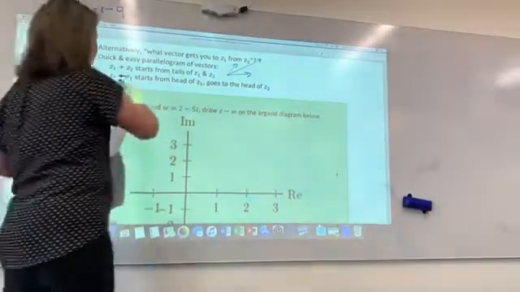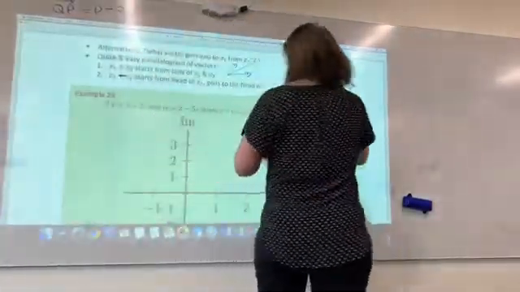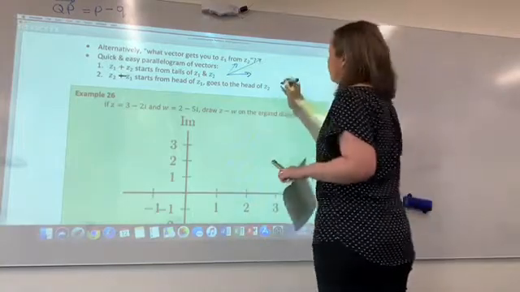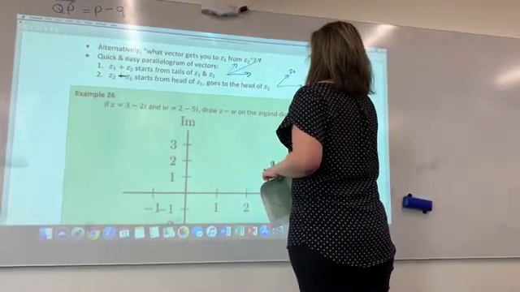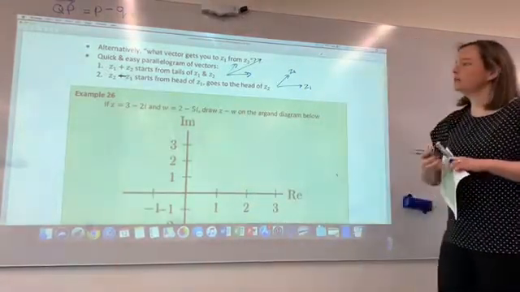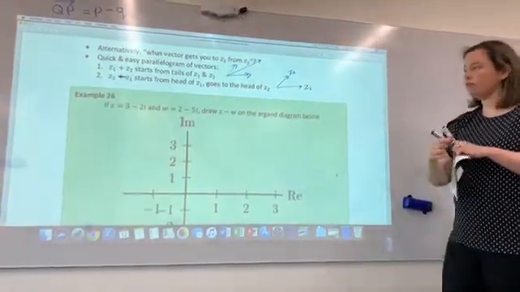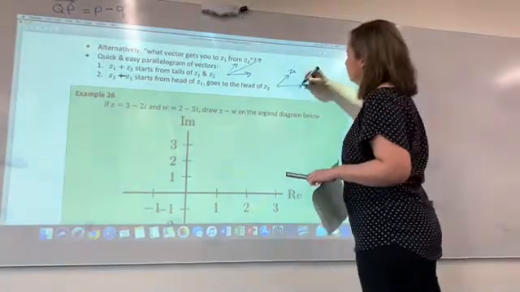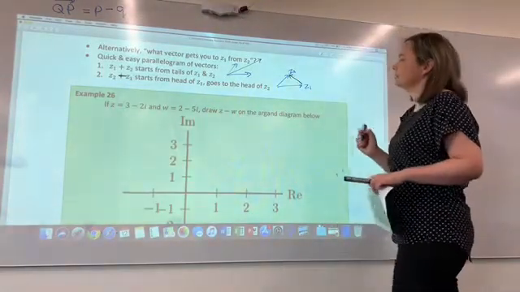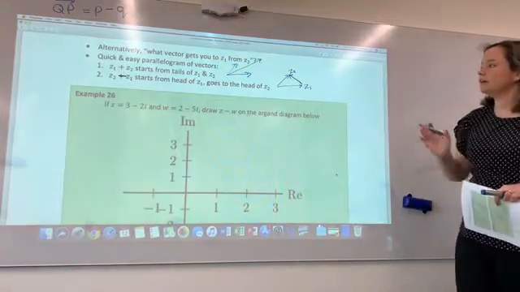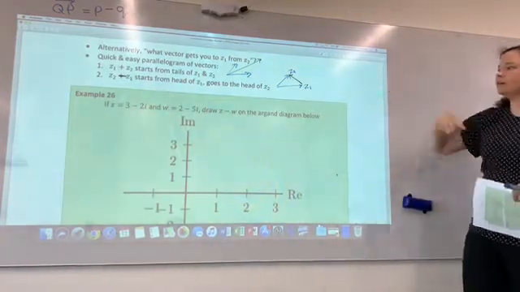And so Z2 minus Z1 starts from the head of Z1 and goes to the head of Z2, like that. So when we're subtracting, we get that other diagonal. When we're adding, we get the diagonal going that way.